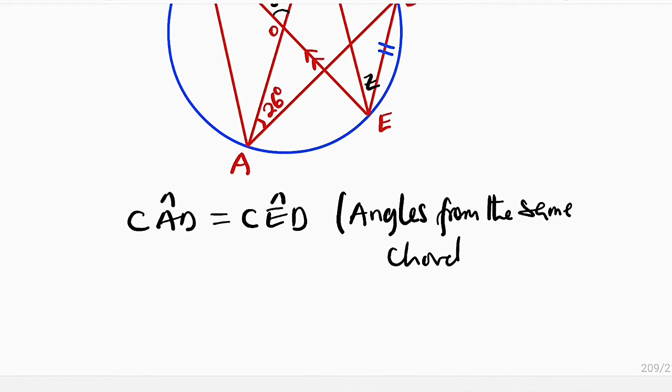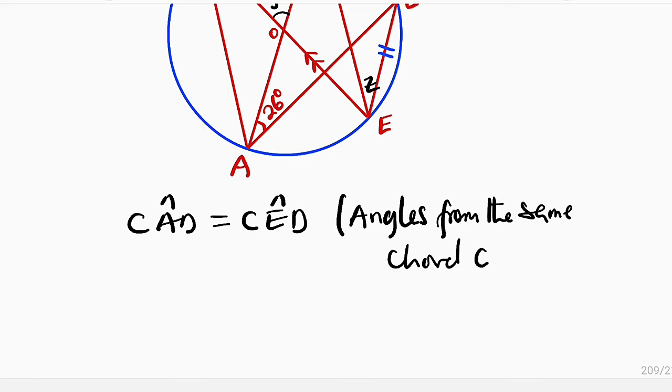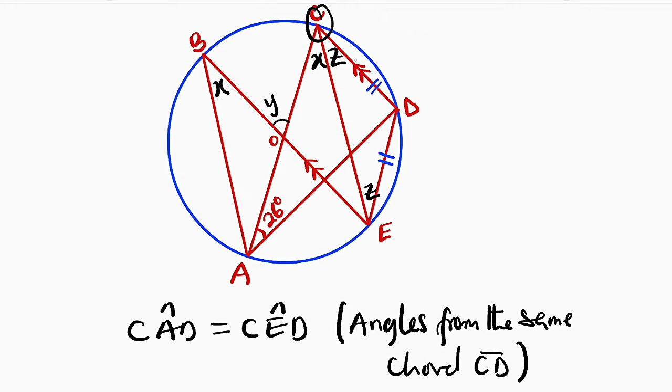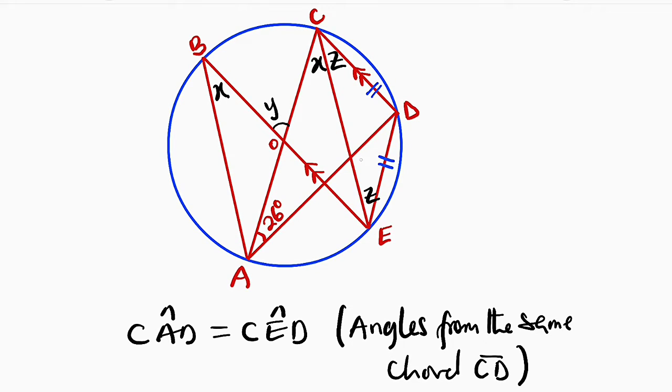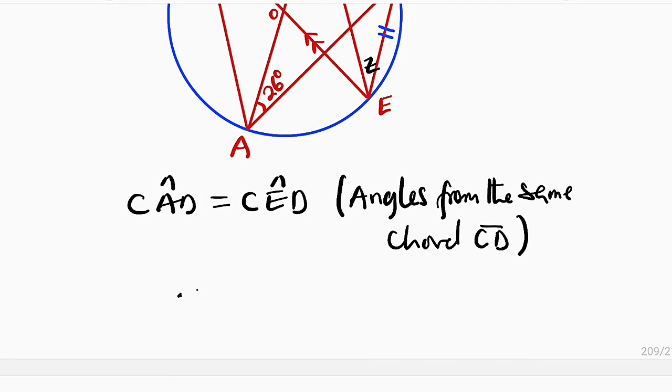And what is the name of the chord? CD, right? CD. So you can see that CD subtends an angle to A. The same CD subtends an angle to E. This is why they are equal. Therefore, Z must be equal to 26 degrees.